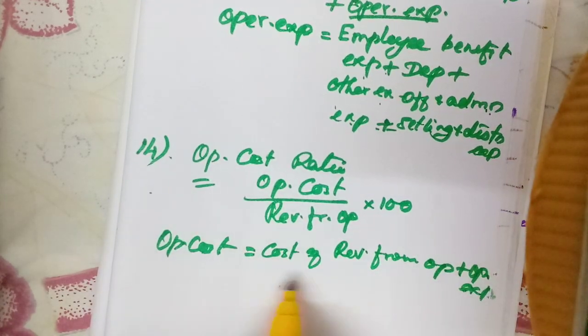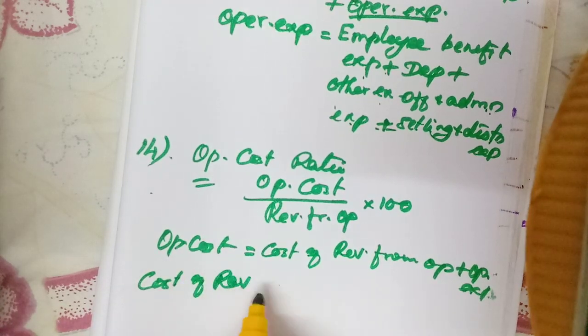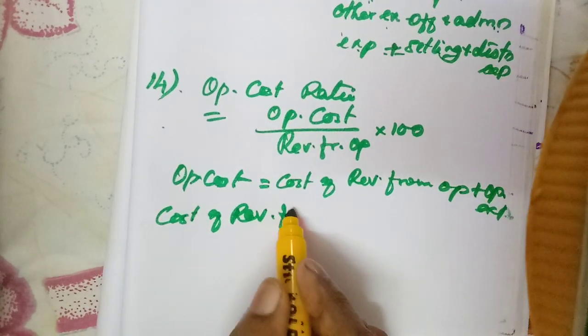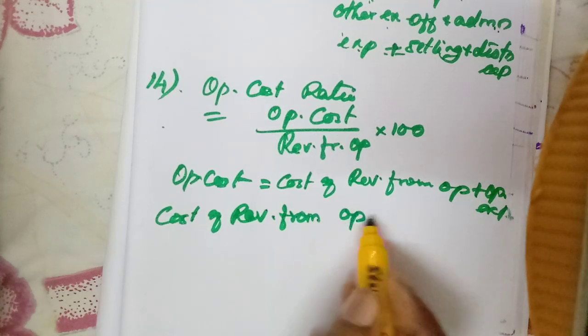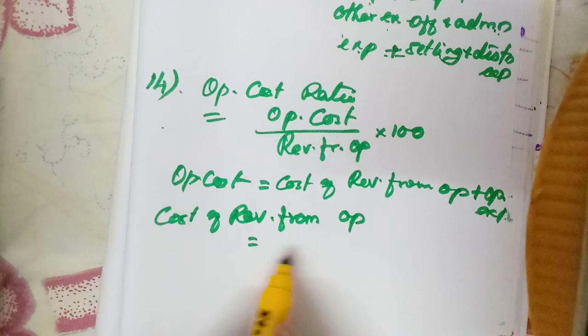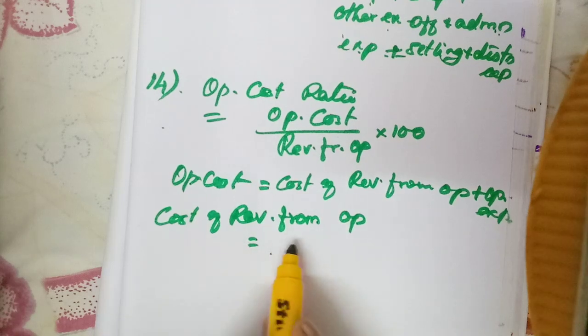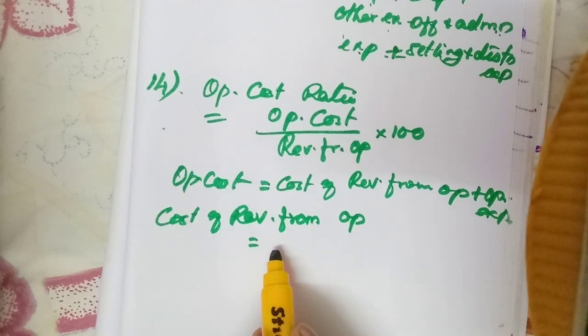First we need to calculate the cost of revenue from operation. Here that is not given, isn't it? So we need to calculate it. That we studied last year: opening stock, add purchases, minus closing stock, plus direct expenses is the cost of revenue from operation, the cost of goods sold.